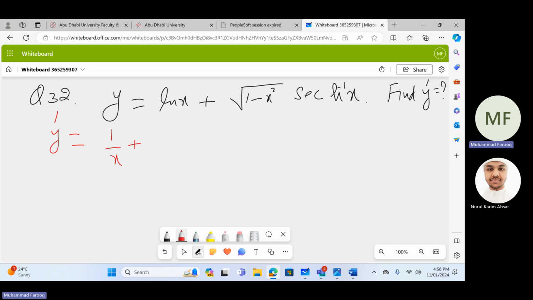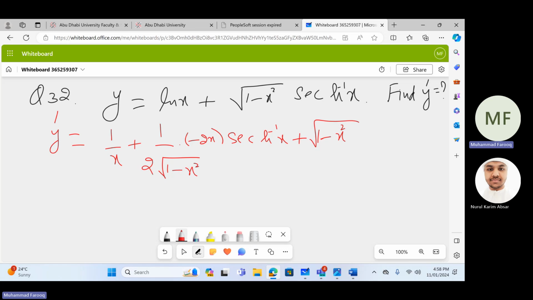Derive the first one: 1 over 2 square root of 1 minus x squared times negative 2x, and copy the inverse hyperbolic function as it is. That is u prime v, plus now u and v prime. V prime means the derivative of the secant inverse hyperbolic function.